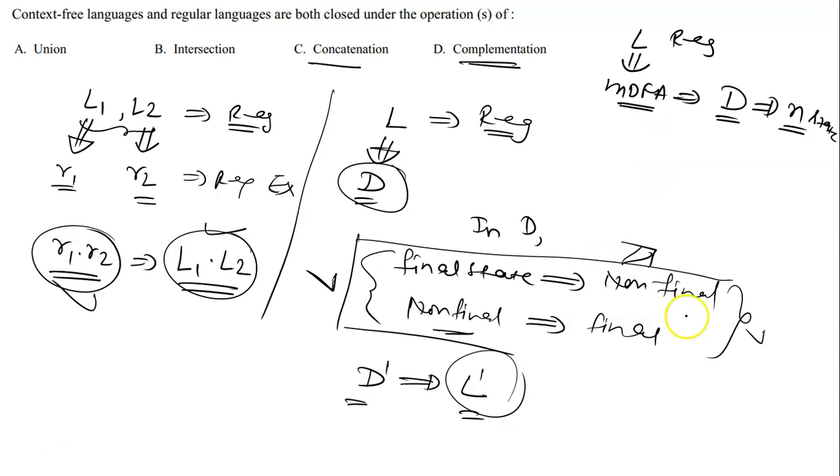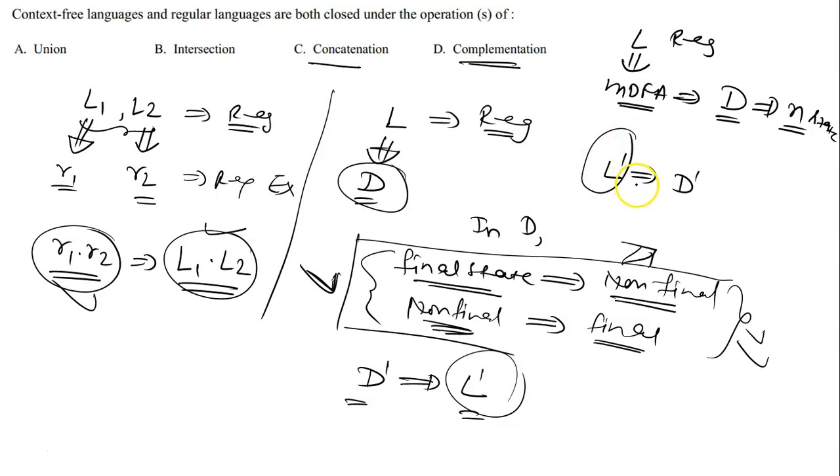Now we can very easily construct the DFA for L complement using this construction. In this D, we convert each final state into a non-final state, and every non-final state into a final state. So you can see that the number of states will remain the same. For L complement we will have a DFA D dash, and this D dash also has n states.